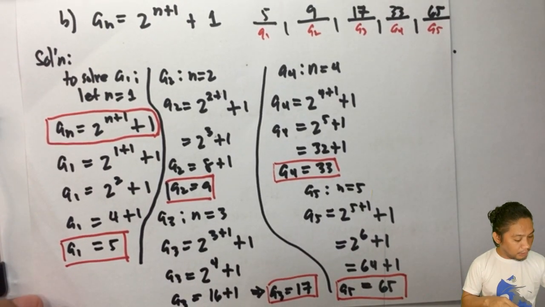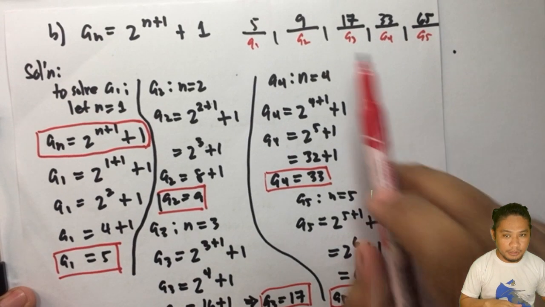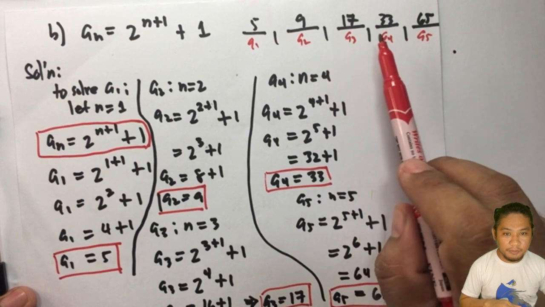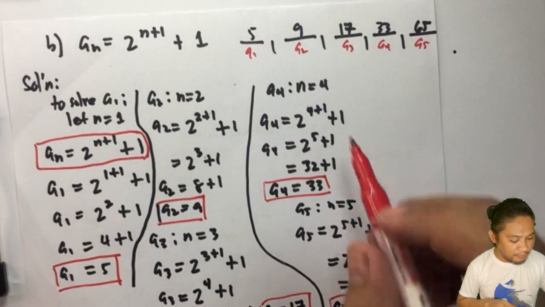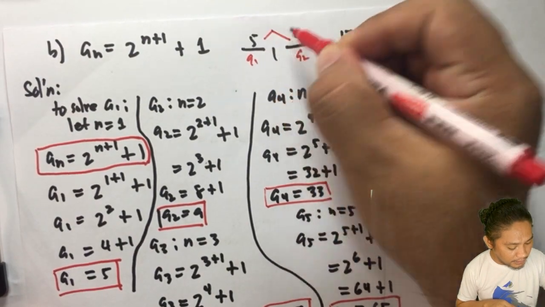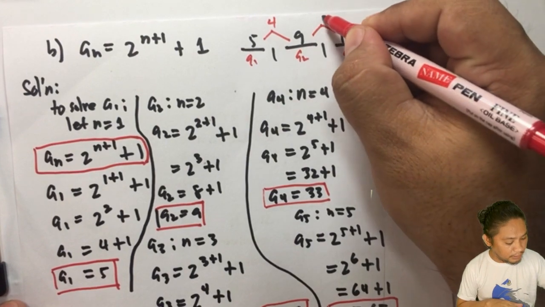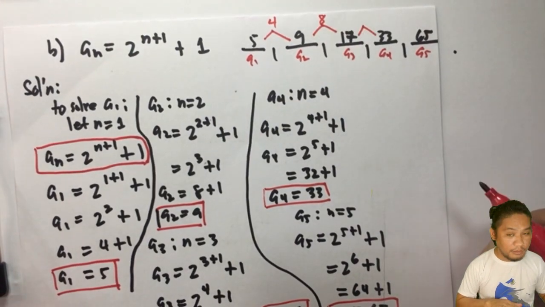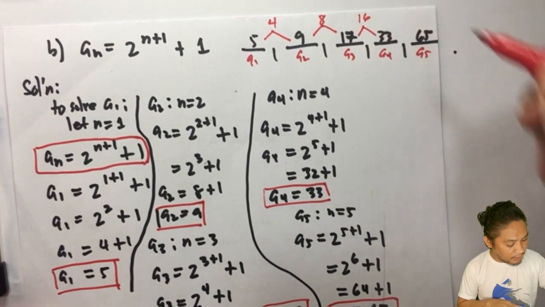Now, if we are going to inspect our answers 5, 9, 17, 33, 65, if we subtract 5 from 9, the difference is 4. So 17 minus 9, the difference is 8. 33 and 17, the difference is 16.